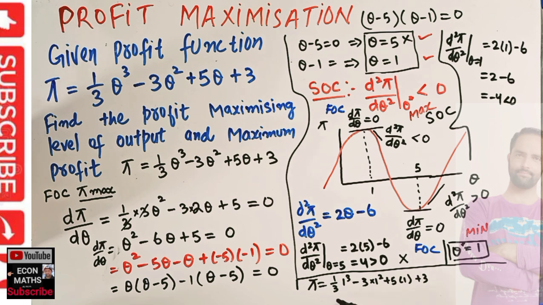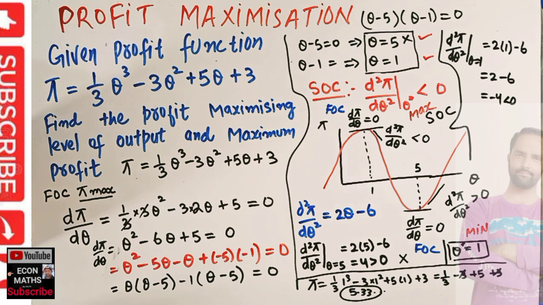So we have 1/3 minus 3 plus 5 plus 3. The 3s cancel, 5 plus 1/3 is 0.33, so we will get 5.33 and so on. So this will be our maximum profit, 5.33.